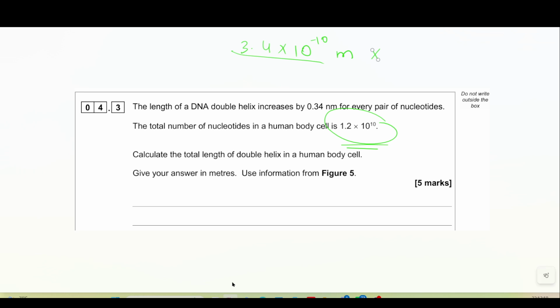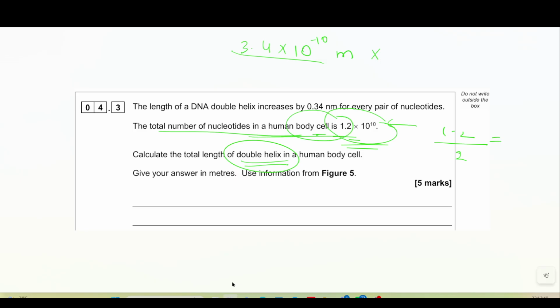No, because 1.2 is the total number of nucleotides in a human cell. We have to calculate the total length of the double helix in a human body cell. So we have to divide 1.2 by 2, because we have to find the total length of the double helix, and this is given for the total number of nucleotides in a human body cell.